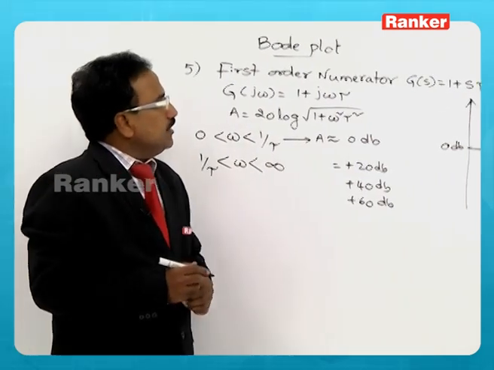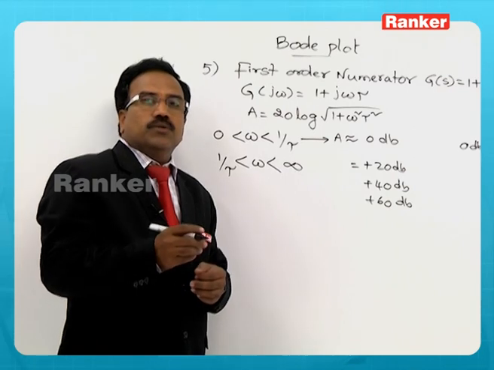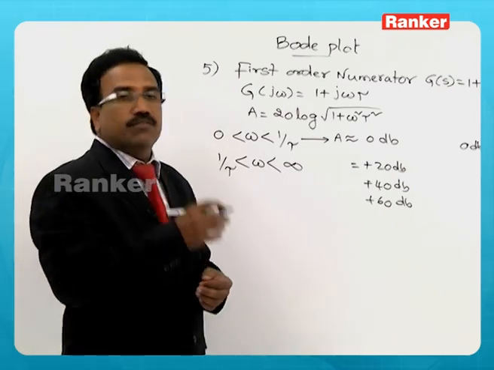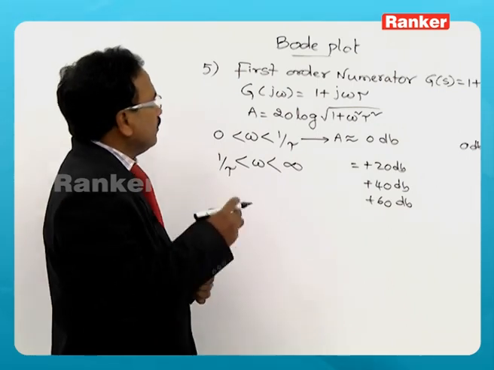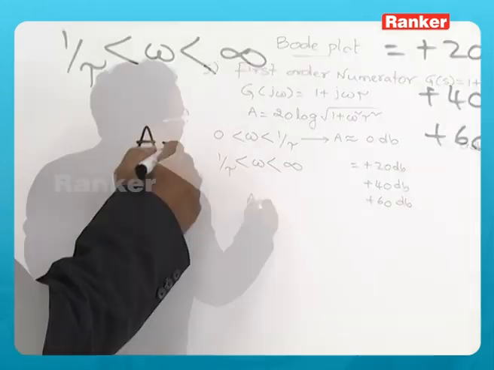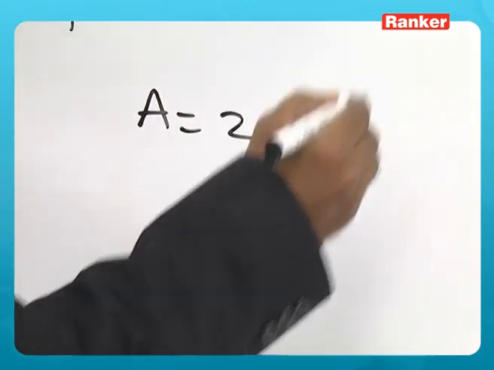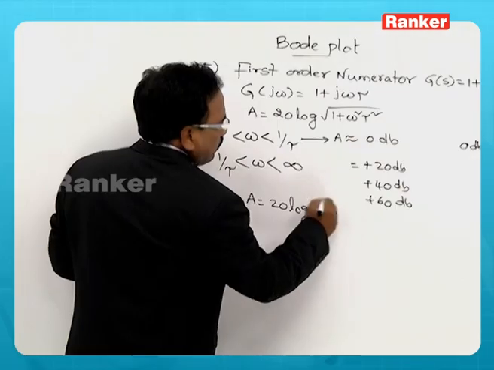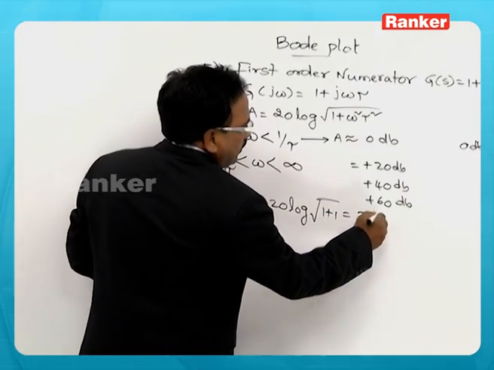So the numerator term, or the zero at non-origin, will have plus 20 dB per decade at high frequency range. If you want the exact value of the magnitude at omega equal to 1 by tau, 20 log under root of 1 plus 1, once again this will be 3 dB.